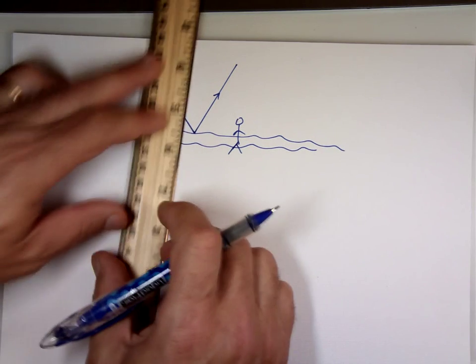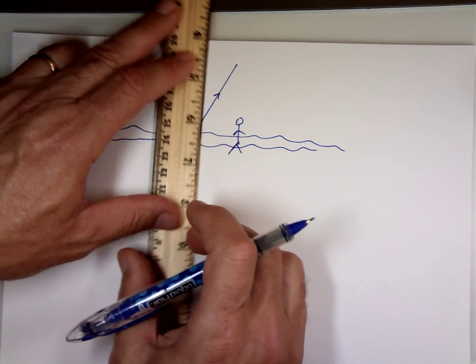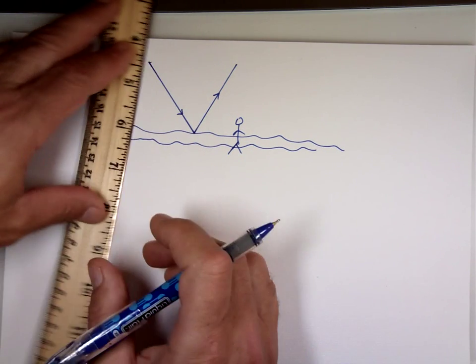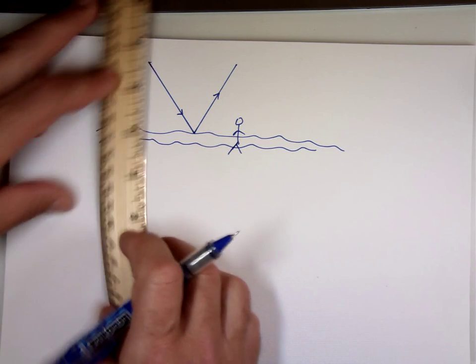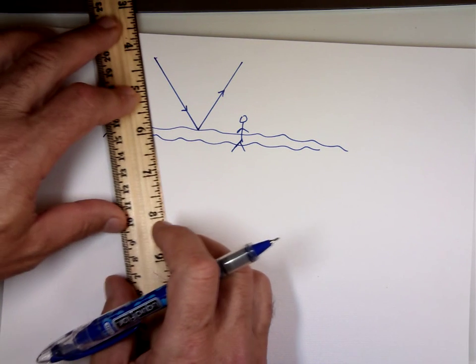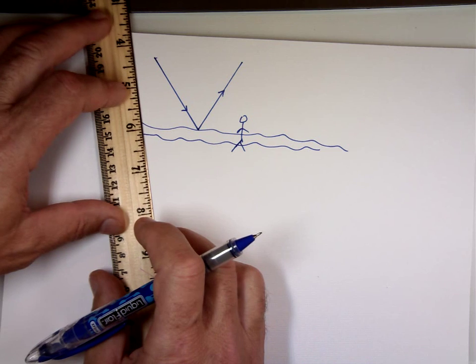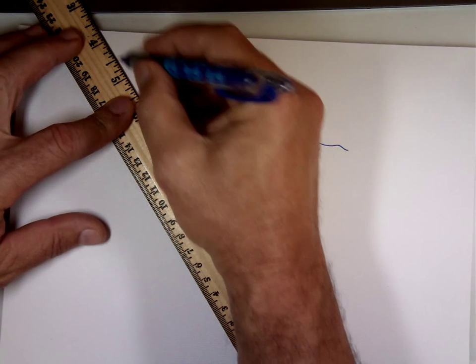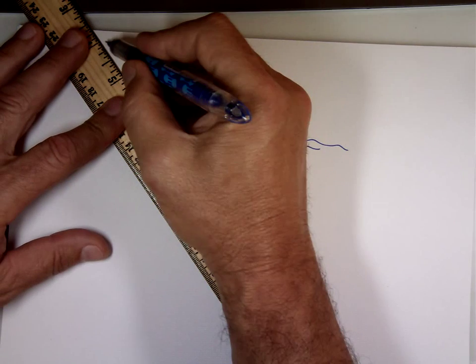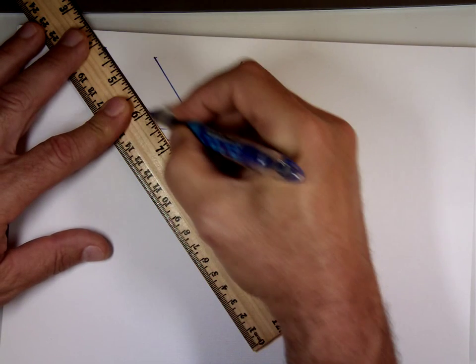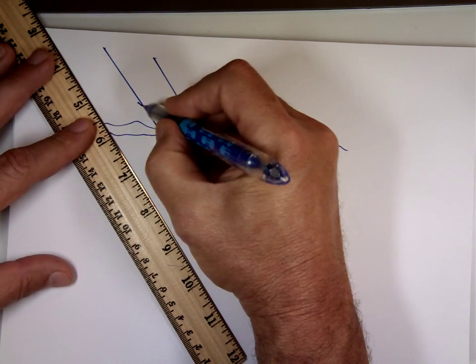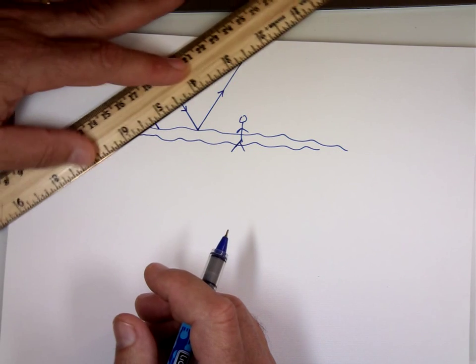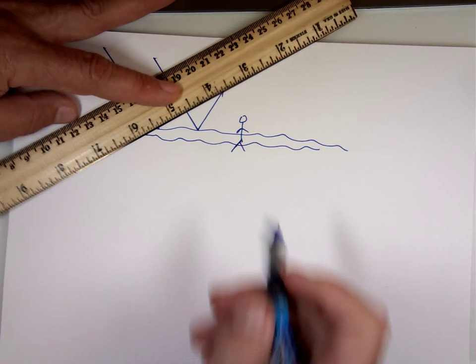But this wave here comes in. Let's say we have a wave coming like this on this section. It is going to reflect that way. And well, that's probably going to miss you because you're too short here.